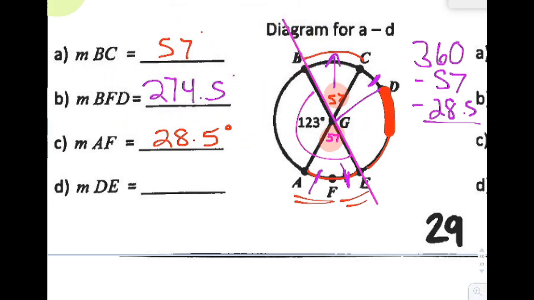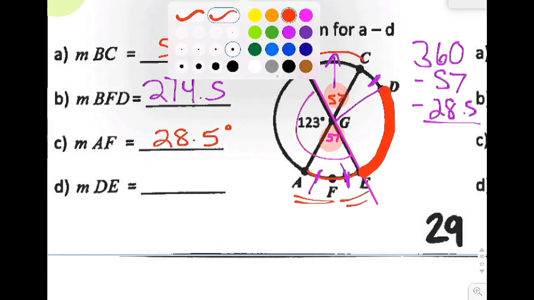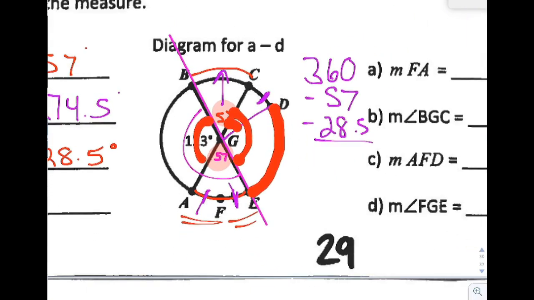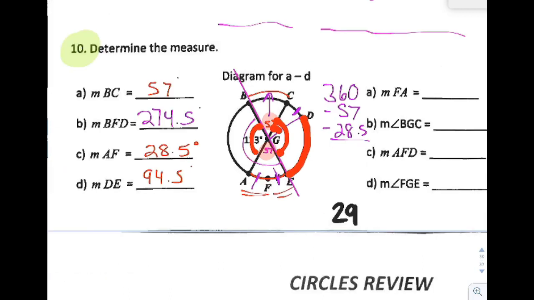Make it a little darker, easier to see. That's D to E, which is 123 take away 28.5. And that's because if this is 123, so is that, but you want to eliminate that 28.5. So it's 123 minus 28.5, which is 94.5 degrees.